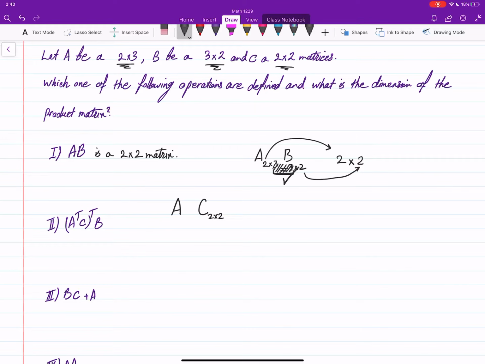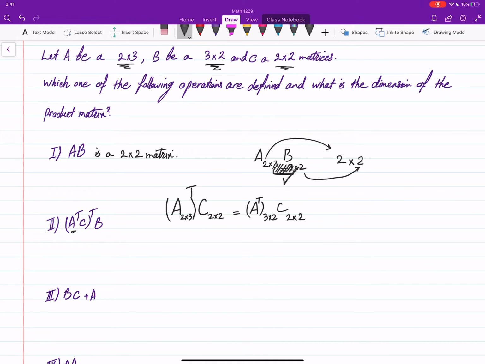A itself is 2 by 3, but we are not multiplying A to C. We are multiplying A transpose to C. When you find the transpose of a matrix, you have to switch the dimensions, so it will be 3 by 2 times C, which is 2 by 2.